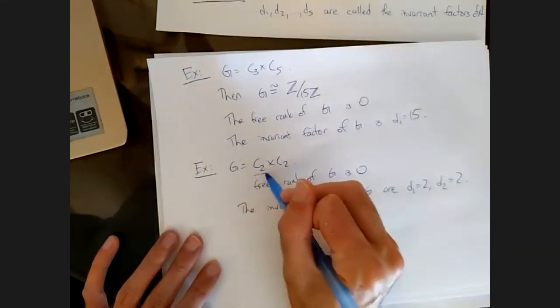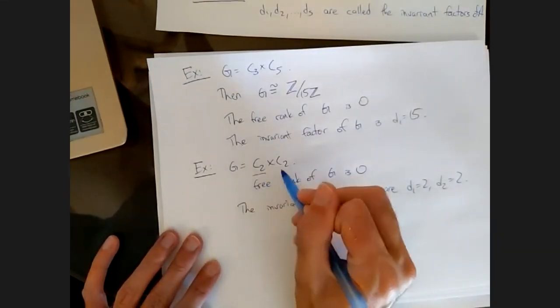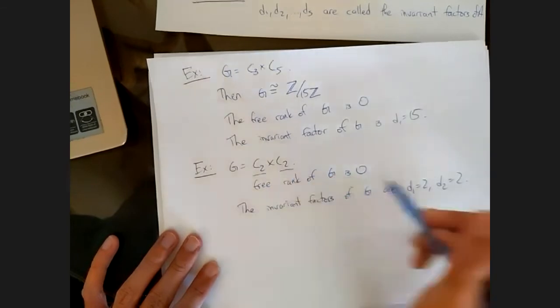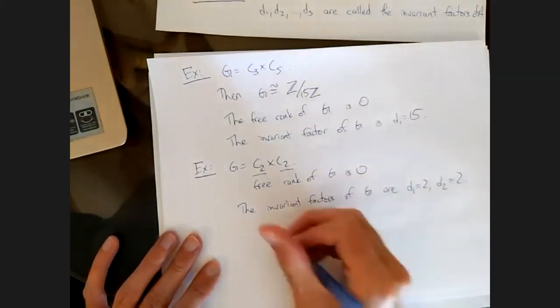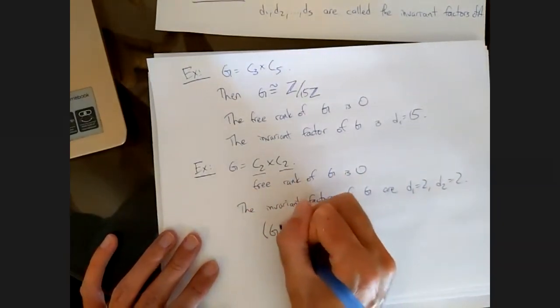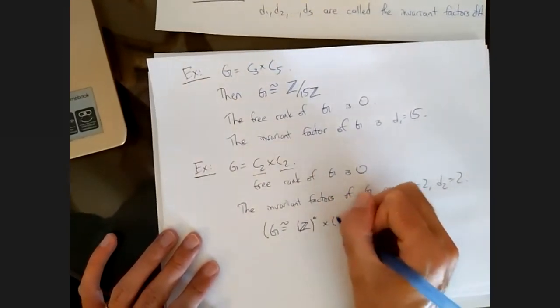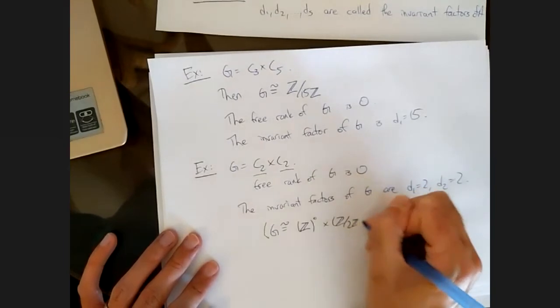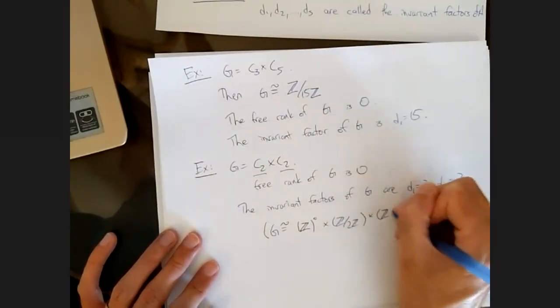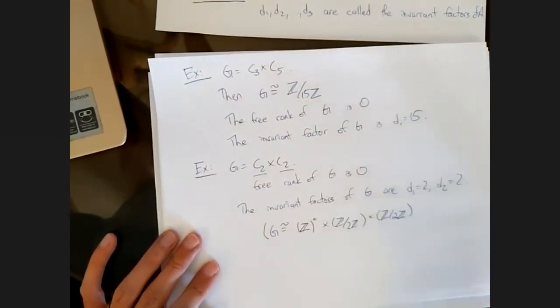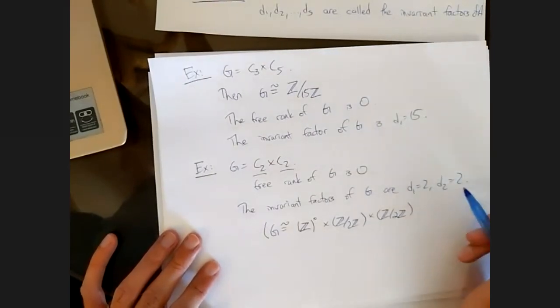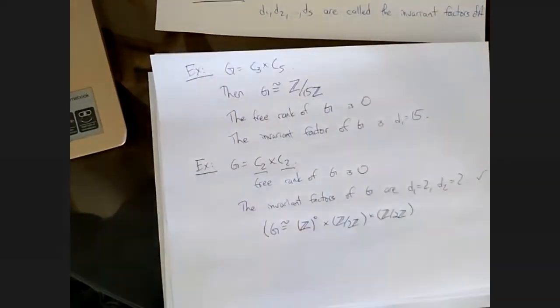Because each factor is isomorphic to Z mod 2Z, we have two copies. So G is isomorphic to Z^0 cross Z mod 2Z cross Z mod 2Z. And here the condition is that d1 has to divide d2, which is satisfied.